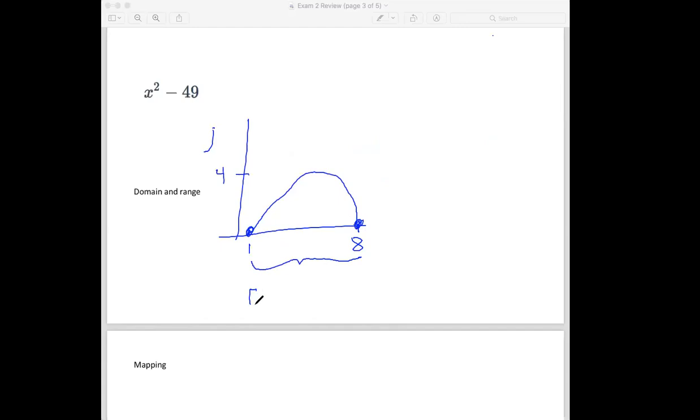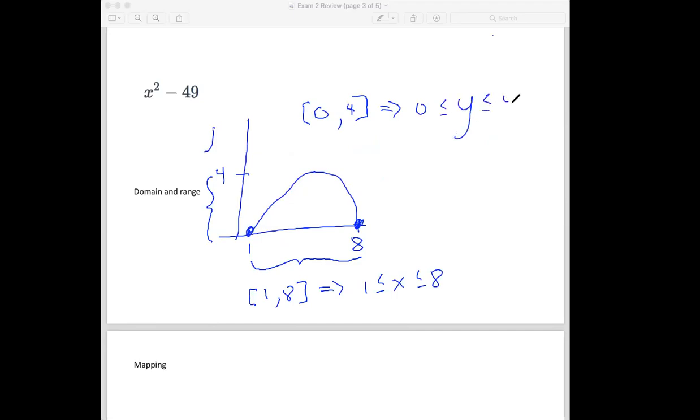So in interval notation it's 1 to 8, and in inequality notation it would be 1 less than or equal to x less than or equal to 8. Over here, the range is going to be between 0 and 4, and in inequality notation this is 0 less than or equal to y less than or equal to 4.